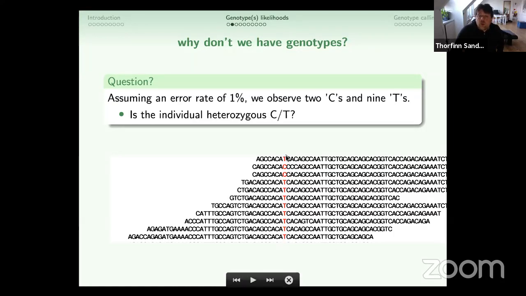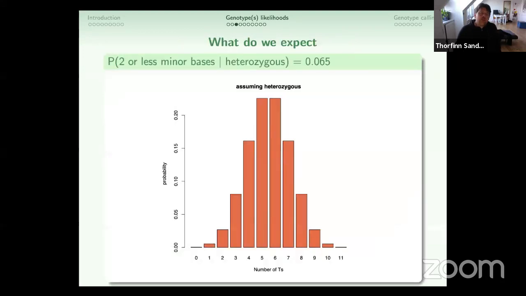Okay, so what kind of thinking can we use to try to come up with a better guess of what genotype this is? Well, if we assume that these things are binomial distributed, then we can look at the distribution, assuming that the site is indeed heterozygous.